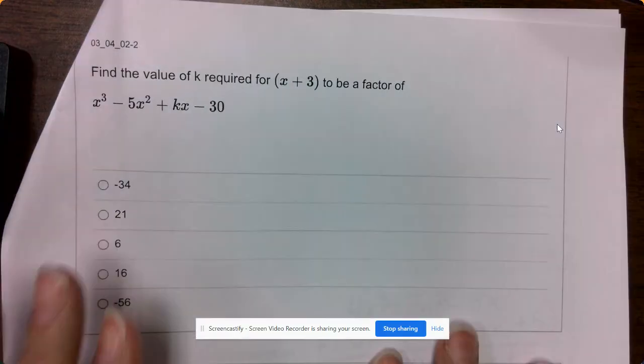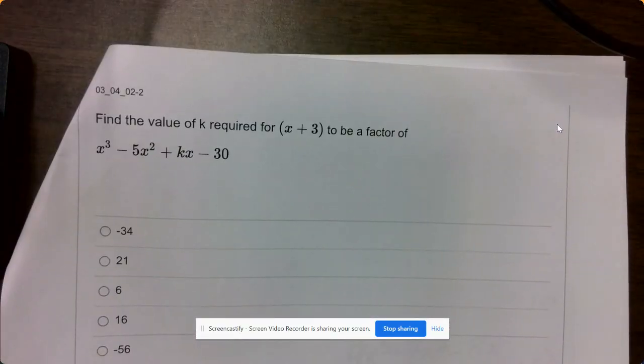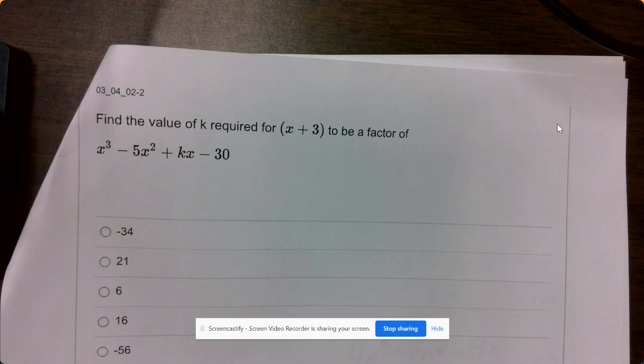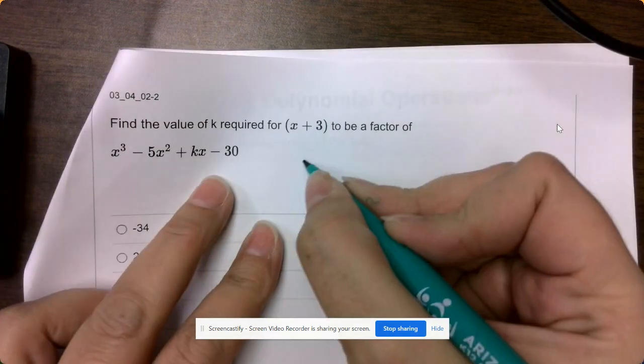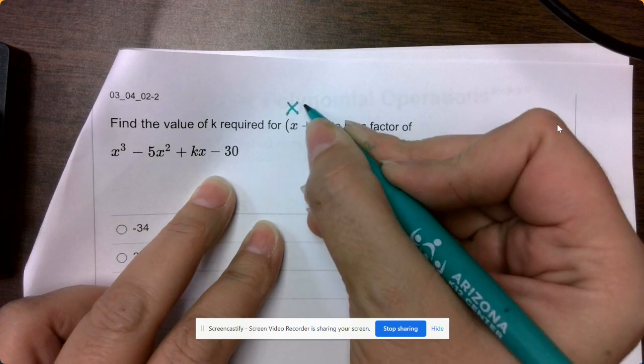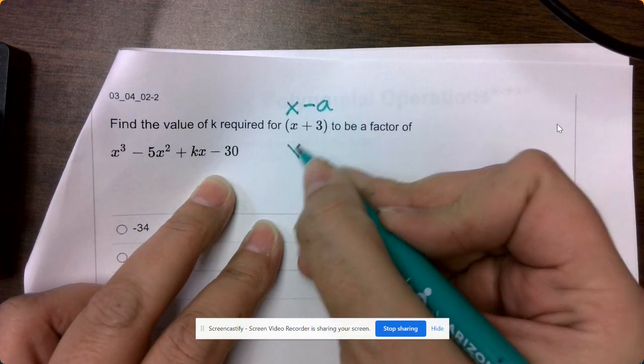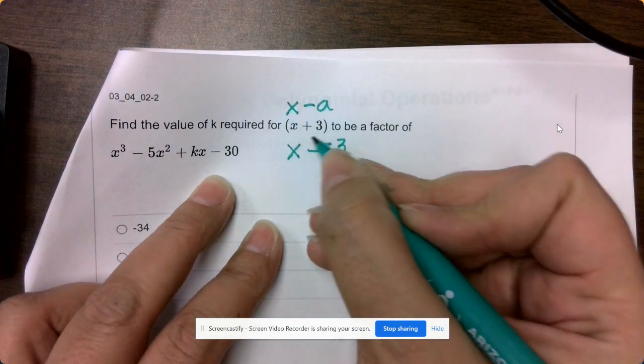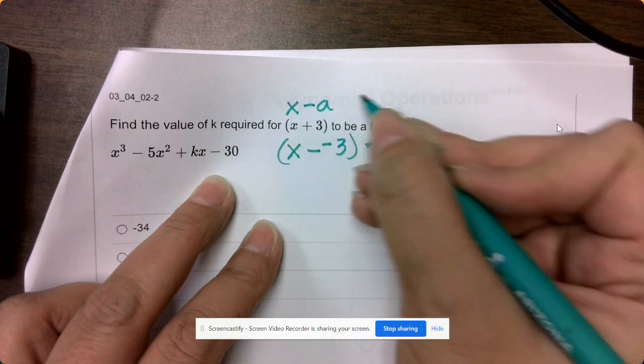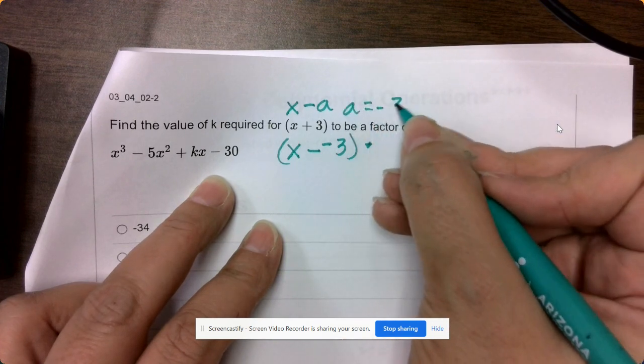Okay, it says find the value of k for x plus 3 to be a factor, so we need to figure out what will work for this one. So remember it's x minus a, so it's going to be x minus negative 3. So that means that a is going to be equal to negative 3. Be careful on that.